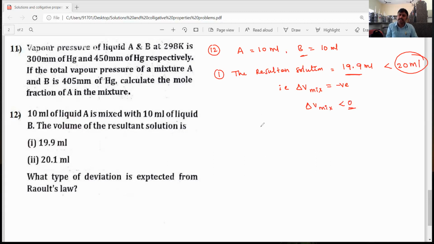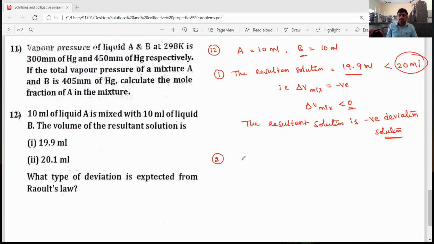It indicates that the resultant solution is a negative deviation solution from Raoult's law.